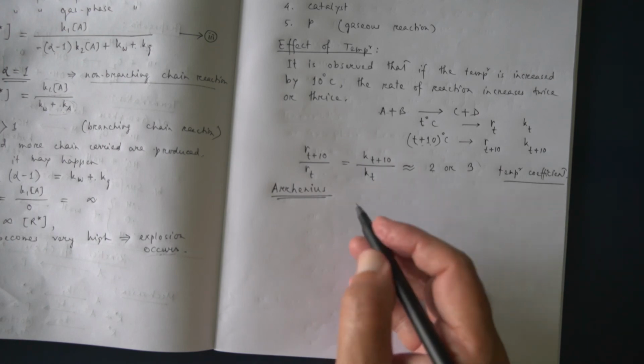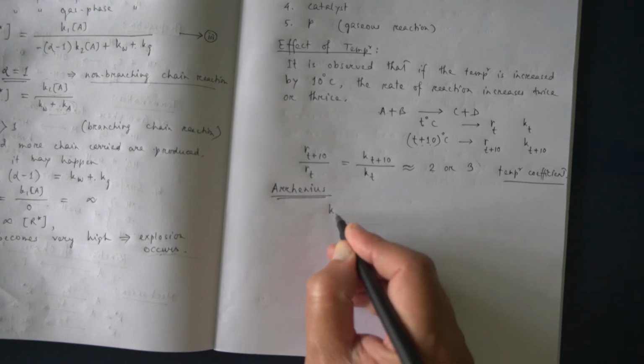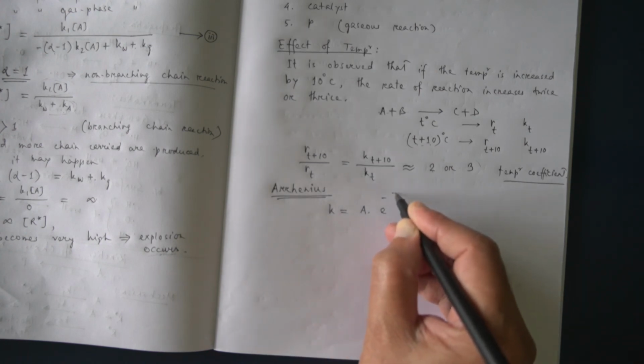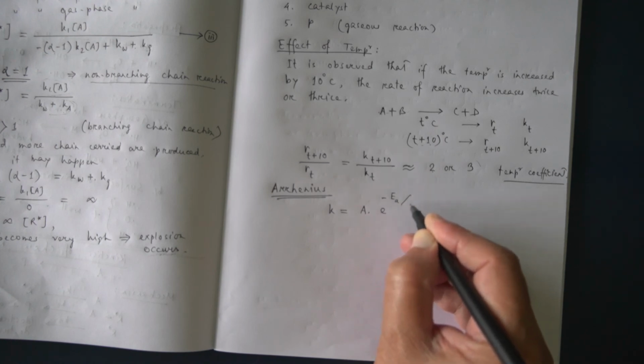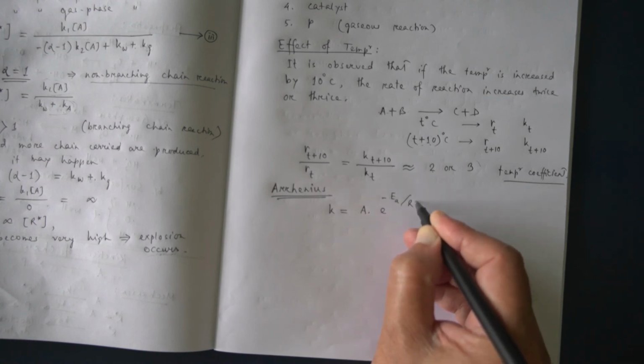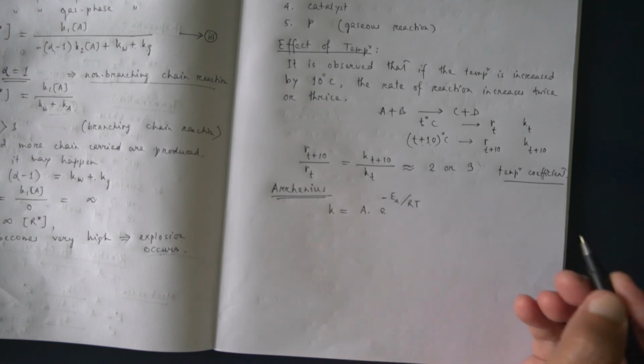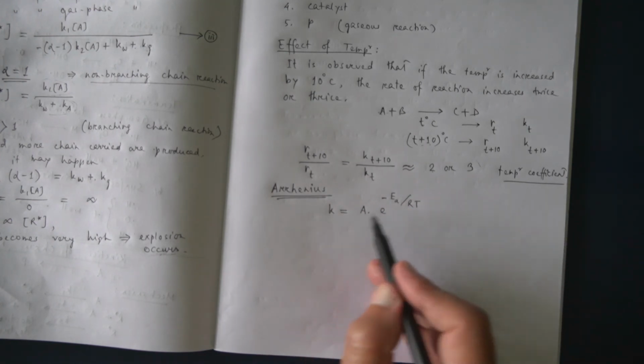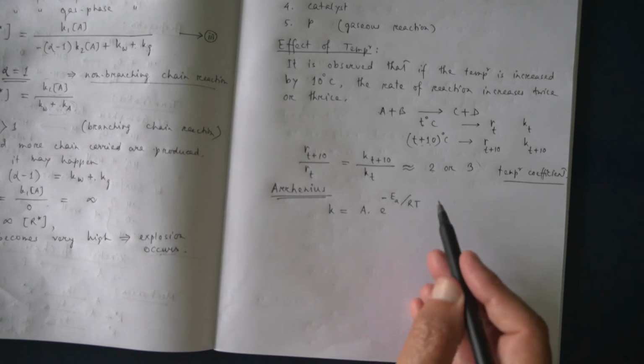Okay, and the equation is this: K equal to A into e to the power minus Ea by RT. Okay, so this is known as the Arrhenius equation.